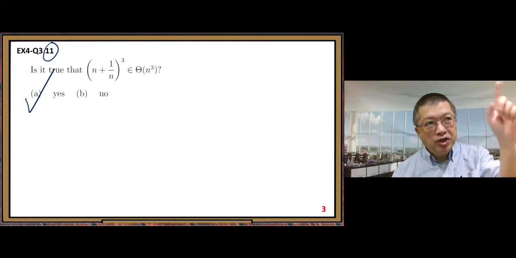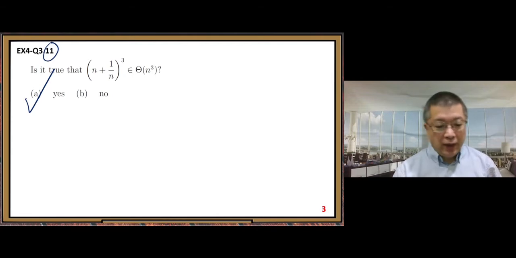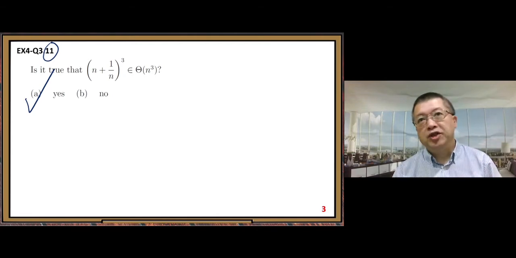The simplest way is using the limit. Here, the limit is the fastest, simplest way. Why? Let me give you one experience.